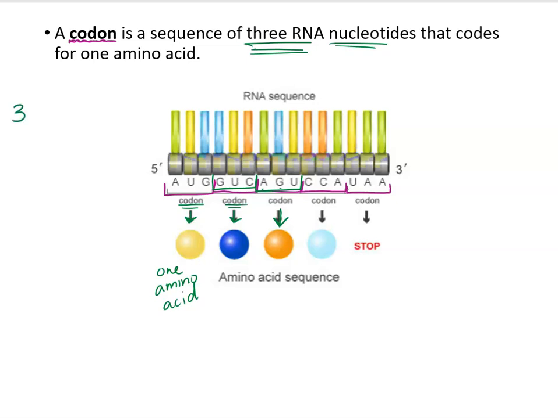So 3 mRNA nucleotides is 1 codon. And 1 codon gives us 1 amino acid.